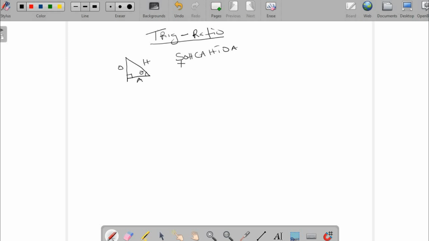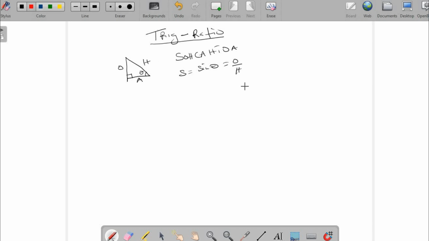Now if you remember, we have SOHCAHTOA. It simply means S means sine. Sine theta is equal to opposite over hypotenuse. This opposite over this hypotenuse is the sine.